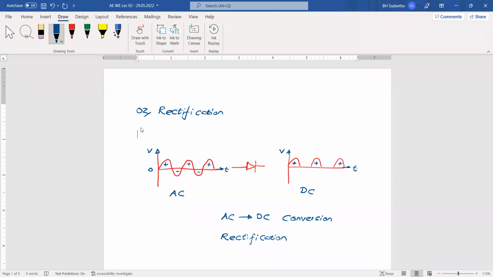Because of that, we say this is half wave rectification.